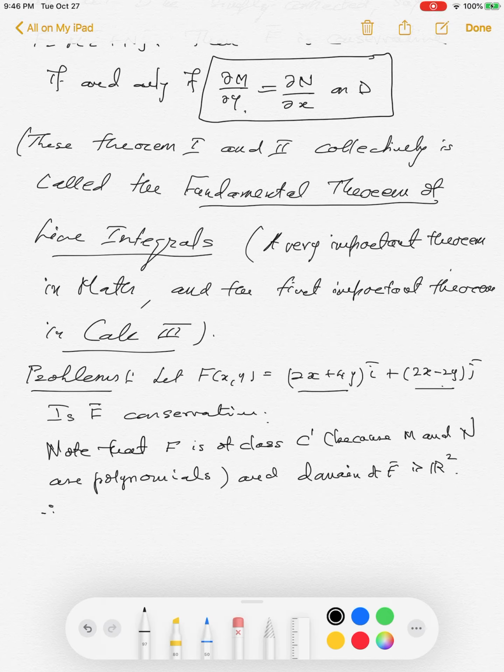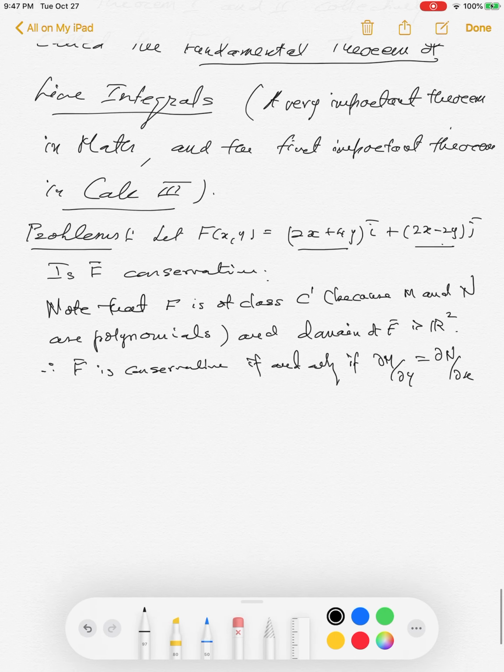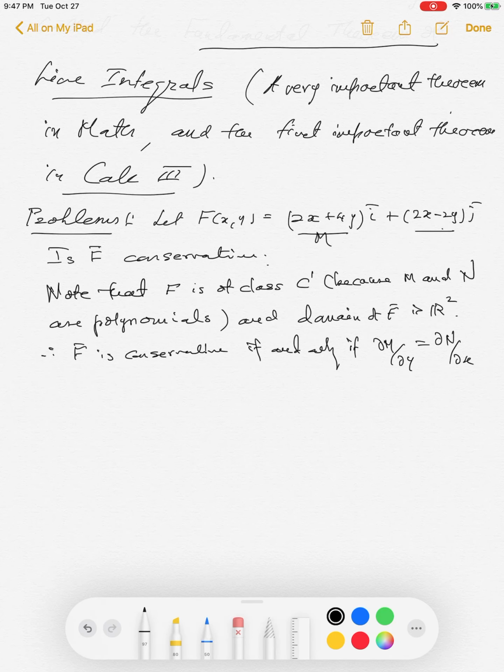So therefore, whether it is conservative or not is going to be determined by checking dM/dy equal to dN/dx. Therefore, F bar is conservative if and only if dM/dy equals dN/dx.